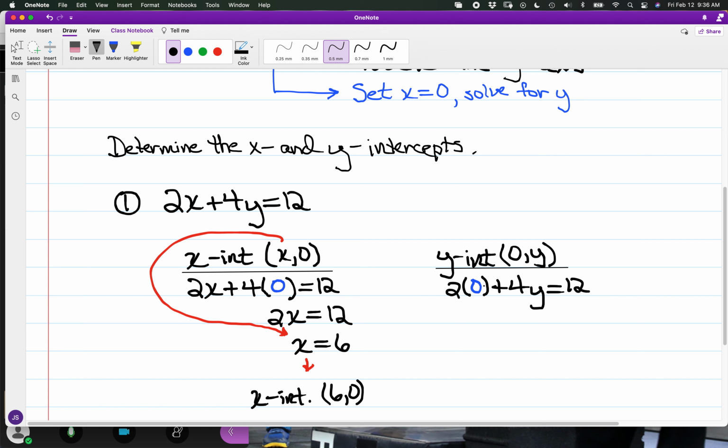You have 2 times 0 is 0, plus 4y, which leaves us with 4y, which we have set equal to 12. With division by 4, we have that y is equal to 3. And with the attainment of the y value, the y-intercept will be at 0, 3.